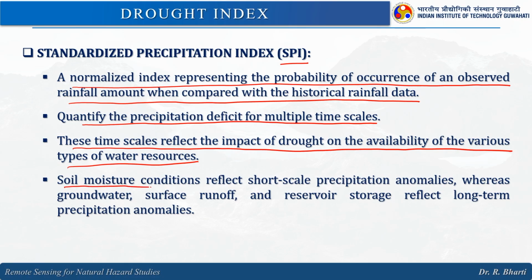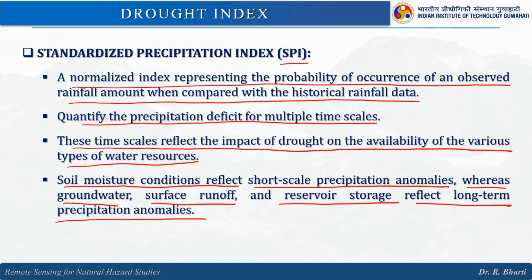Soil moisture condition reflects short scale precipitation anomalies, because soil moisture immediately is an indicator that in the last 5 or 10 days precipitation has not happened. Whereas groundwater, surface water and reservoir storage reflect long term precipitation anomalies.